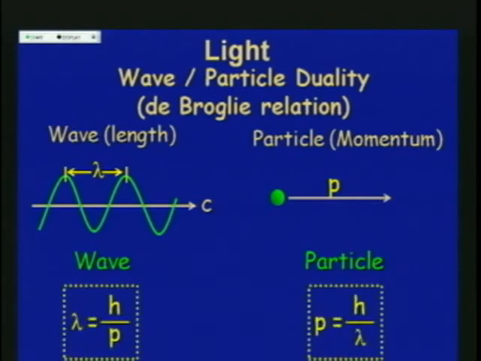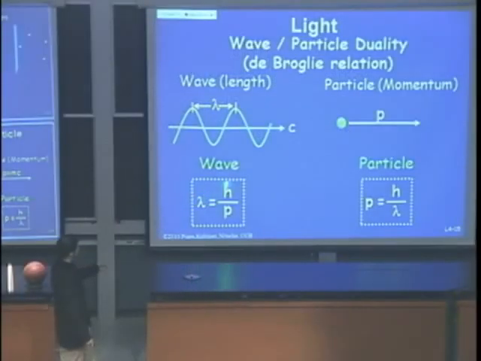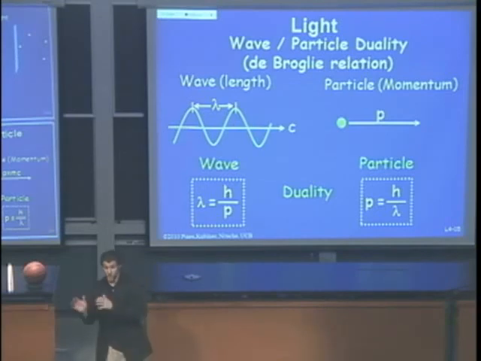So if we want to relate these, we use the de Broglie relation, which is the wavelength is equal to Planck's constant divided by the momentum, or vice versa. The momentum is Planck's constant divided by the wavelength. So in reality, there's this duality between wave and particle properties of light.